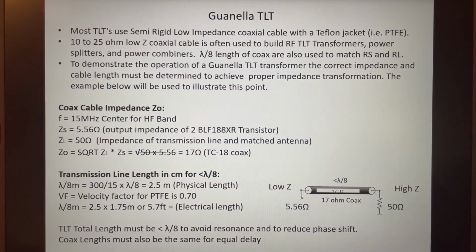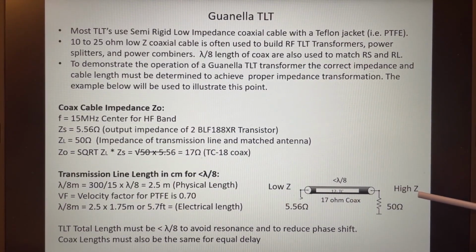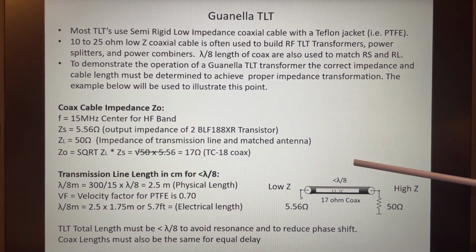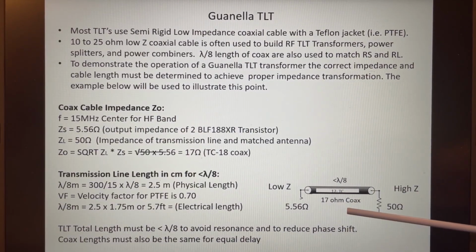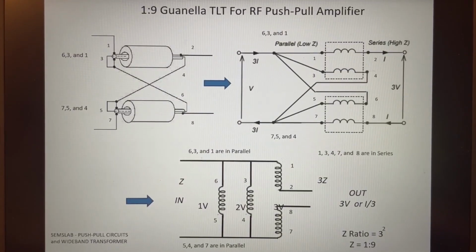And here's our example on this slide. We're going from the low impedance side to the high impedance side. It's less than an eighth of a waveform, and we're using 17 ohm coax for the impedance transformation. So here's the 1 to 9.